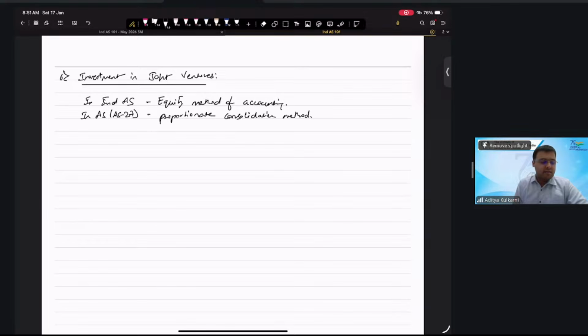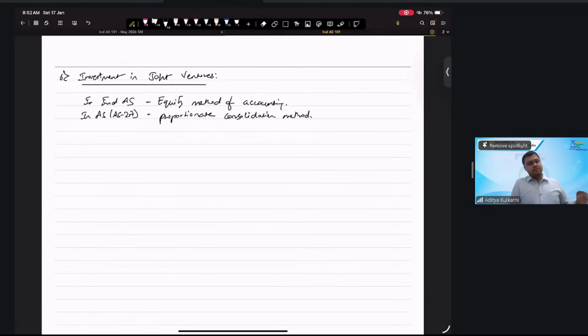Okay. So now, basis that understanding, what will happen is in joint ventures, whatever has been consolidated line by line, we will have to remove that. We will have to eliminate the goodwill. And then whatever is the impact of these entries, that will obviously go where? Will that go in retained earnings or will that go in investment?